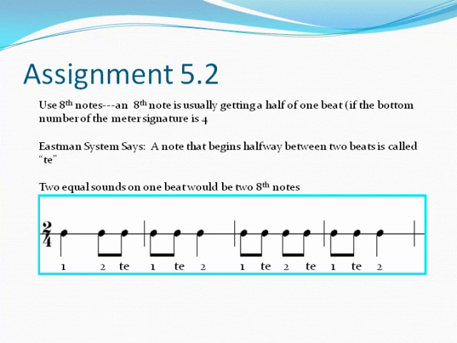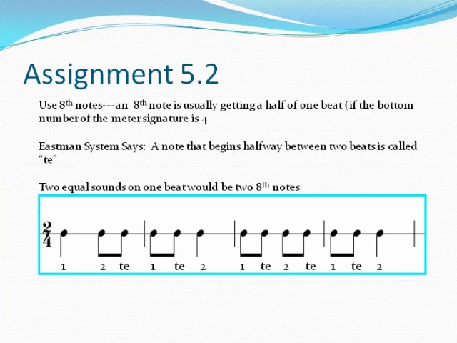Therefore, it takes 2 eighth notes to complete 1 beat. 2 eighth notes here. A half and a half. Now, you have to think of it as 2 equal sounds on 1 beat. They can't be heavier on one side. In other words, this one over here can't last longer than this. They have to be exactly a half a beat long.